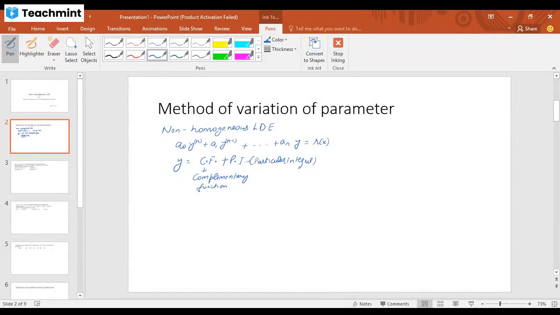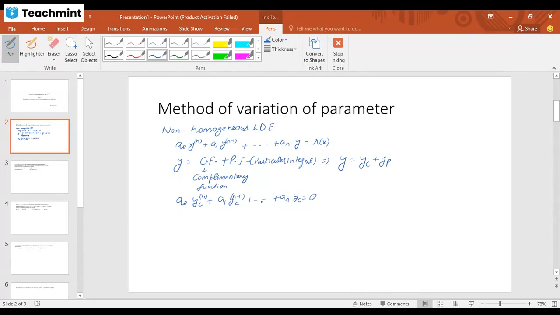So if I'm assuming that y is equal to yc plus yp, what does it mean? If we replace y with yc, then in this equation we will get a naught yc nth order derivative plus a1 yc (n minus 1)th order derivative plus so on a n yc is equal to 0.